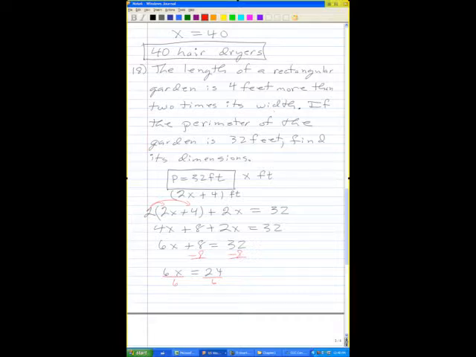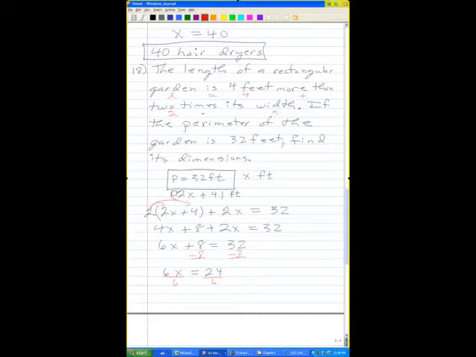And so I'm just going to call this x. And it says more than, so that's plus. That's a 4. And it says 2 times. And so the length is 4 plus 2 times its width.